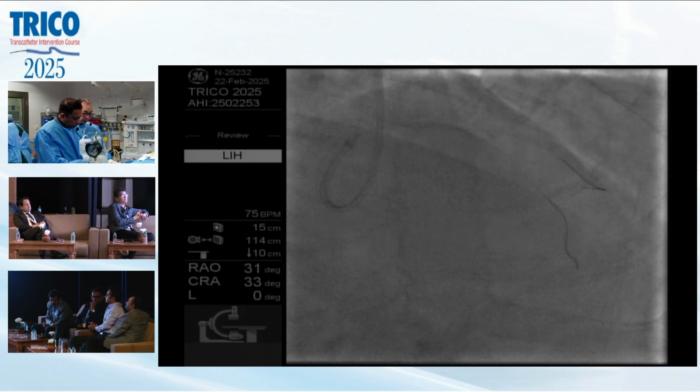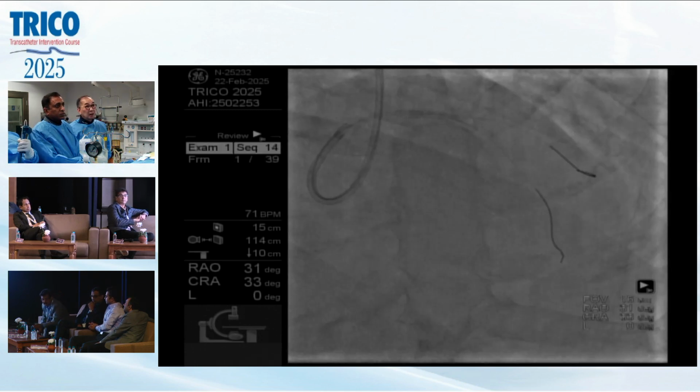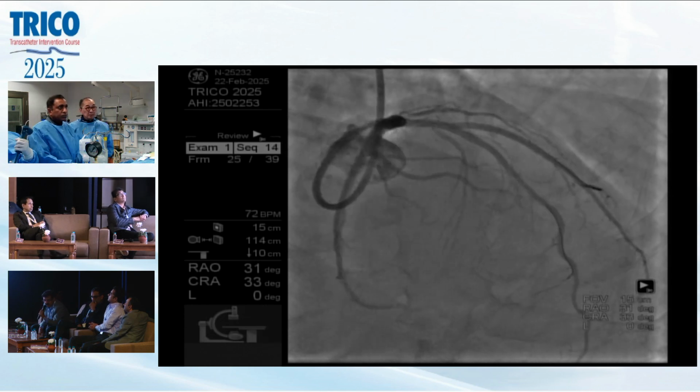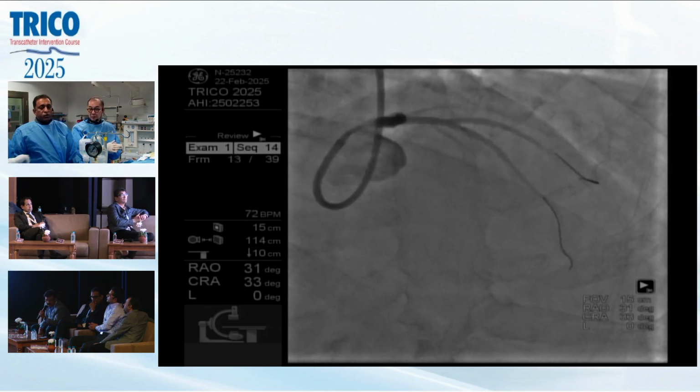And what do you think your panel approach? Most of you leave the wire in or take it out? I think it's fine if you keep the wire in. This stent was 23 or 28? 22.